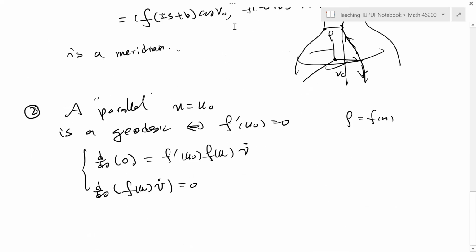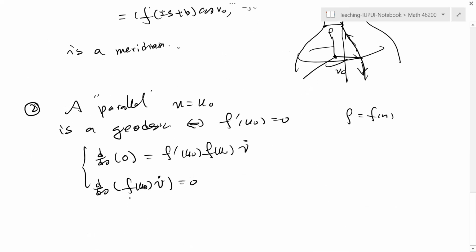Let's try to solve it. This is never 0, right? Because that's our assumption, to get the surface of revolution.